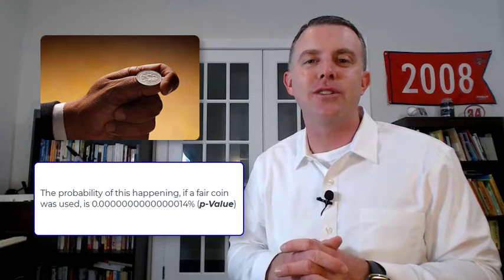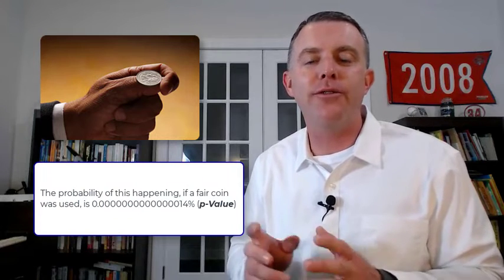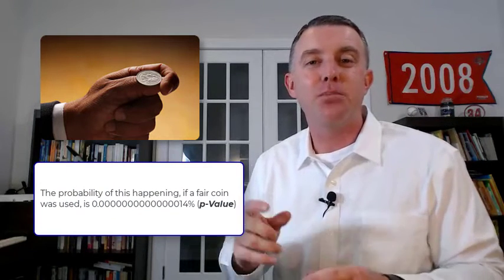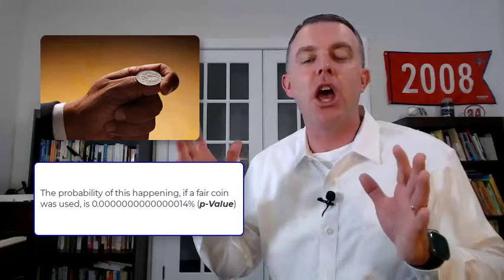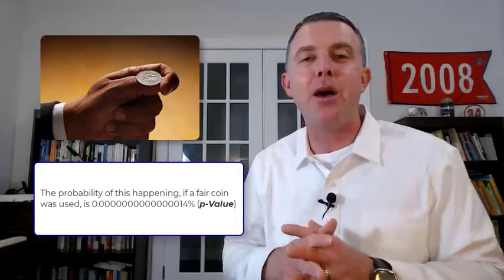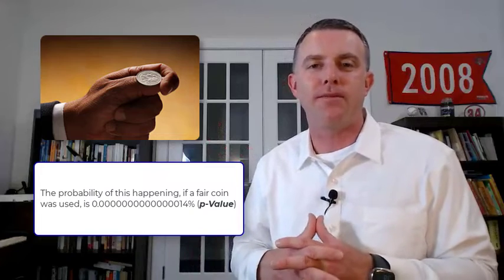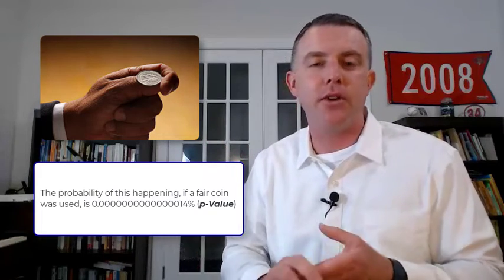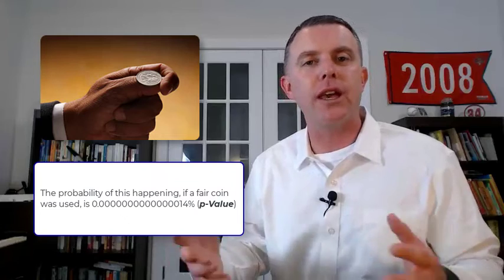So let's think about this in statistical terms. If a fair coin was used, the probability of that coin generating 90 heads is 0.00000014%. The probability of that happening is so small, right? It's possible. You could have a fair coin, you could flip it 100 times, and you could get 90 heads.